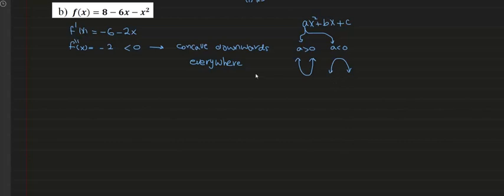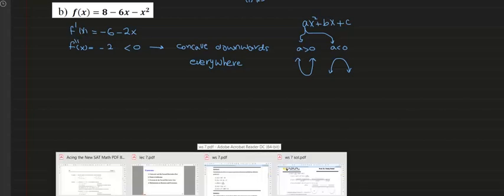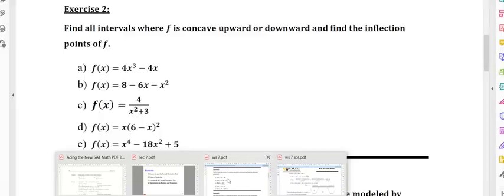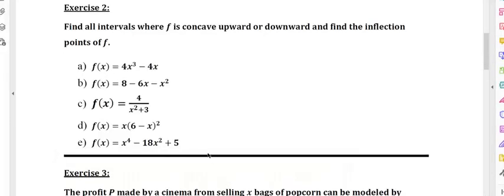So simply this function was a quadratic which is concave downwards. It has no inflection points, and it has one interval throughout the number line where it is concave downwards.